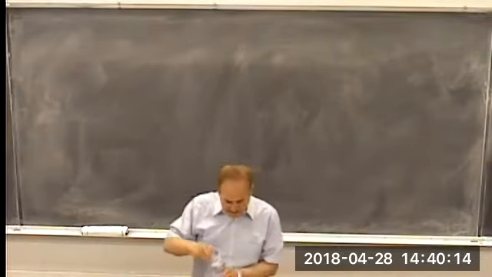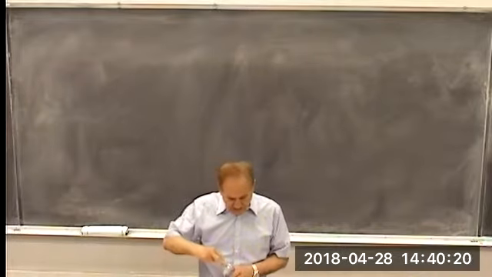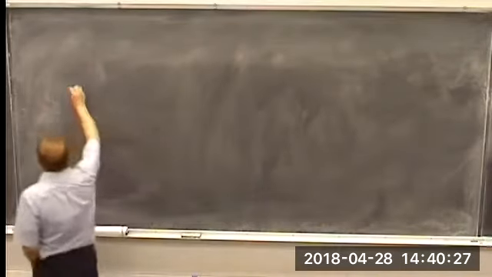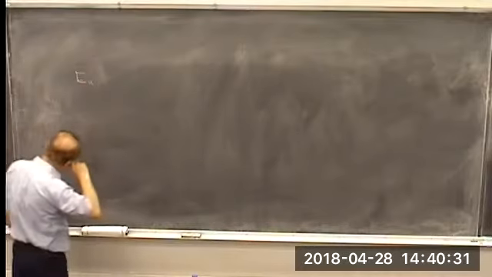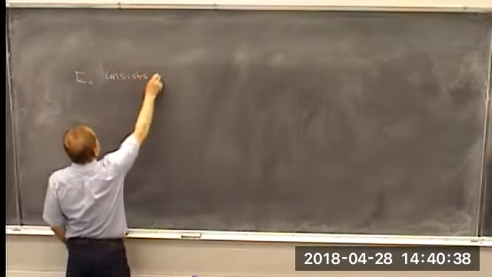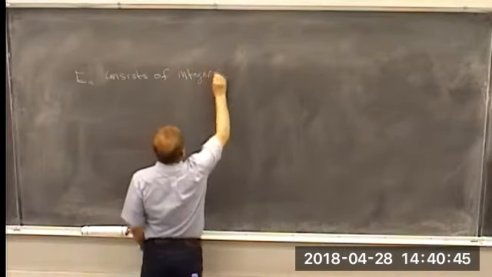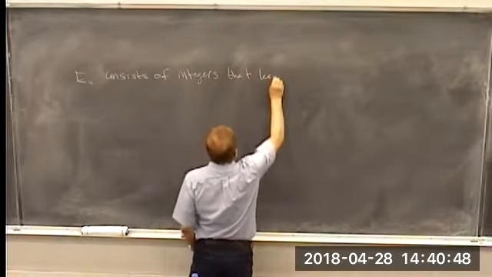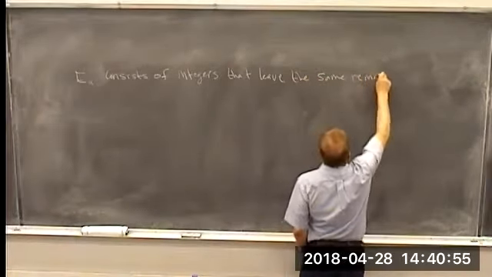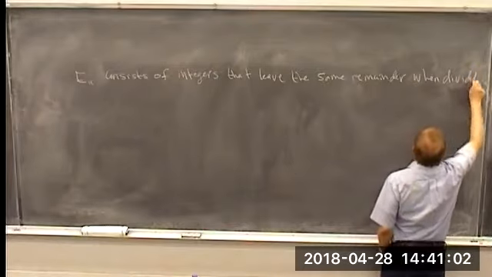So we can say this. E sub a consists of integers that leave the same remainder when divided by m.